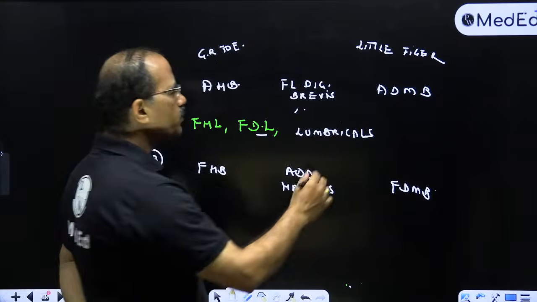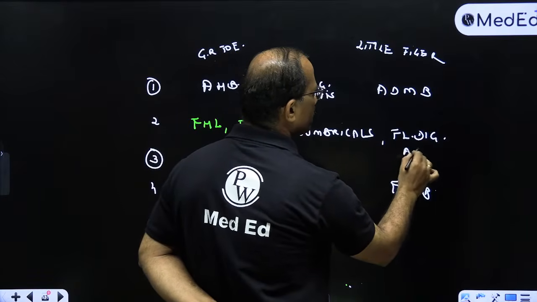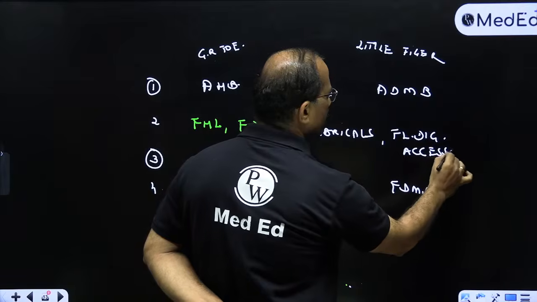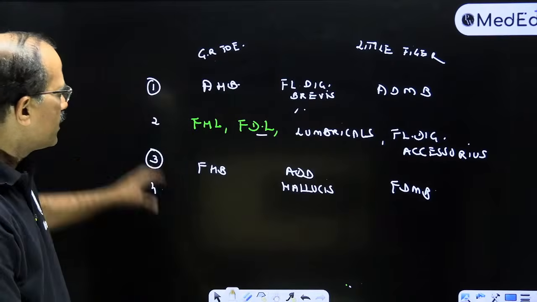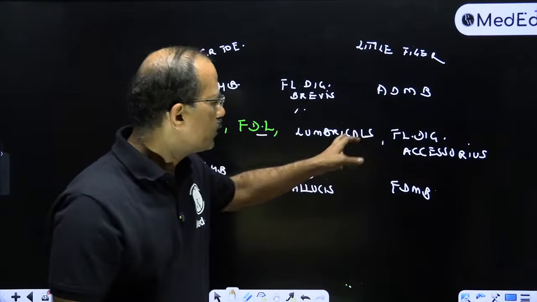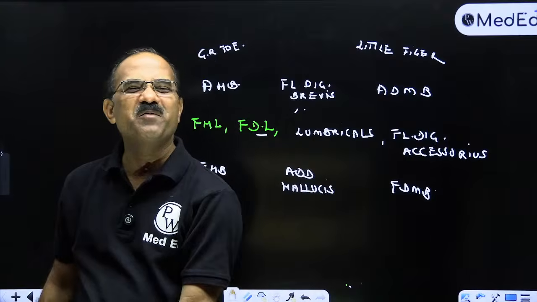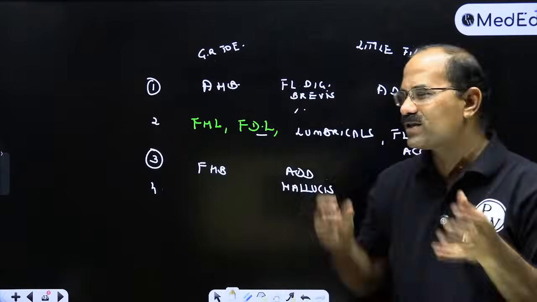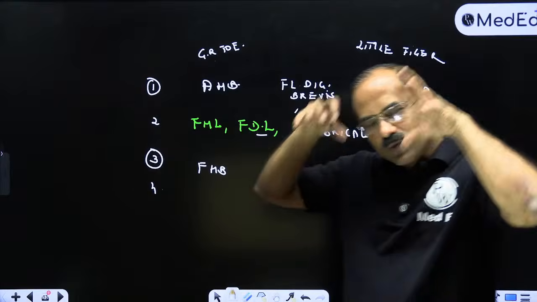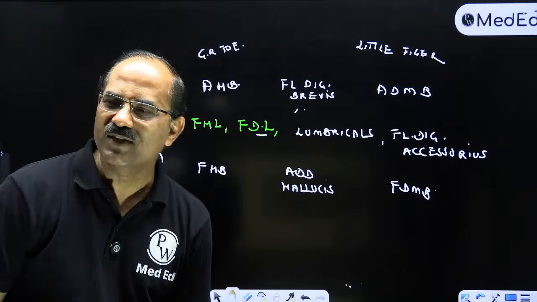And there's one more muscle in the sole, named flexor digitorum accessorius. So in the second layer, these two are intrinsic, these two are extrinsic. I have written them in a different color because they are coming from outside. The muscles from the leg are flexor hallucis longus and flexor digitorum longus, and the muscles inside the sole are lumbricals and flexor digitorum accessorius.